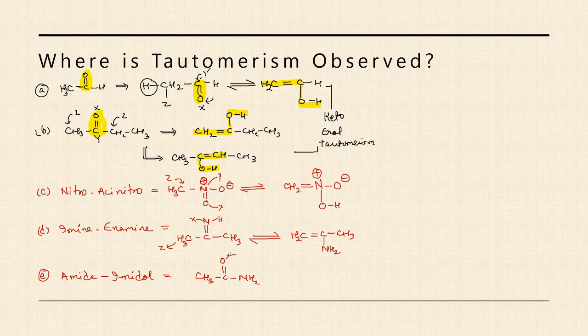Treat this as X and this as Z, and you will get CH3 COH double bond NH. This is imidol tautomerism, or amide-imidol tautomerism.